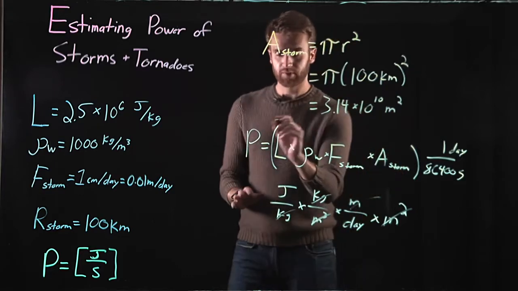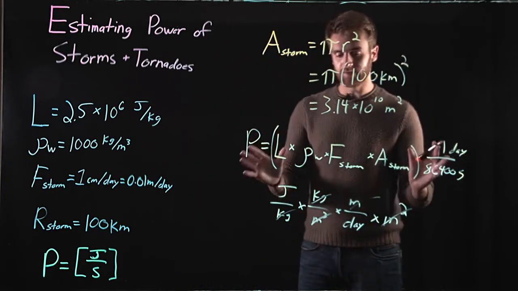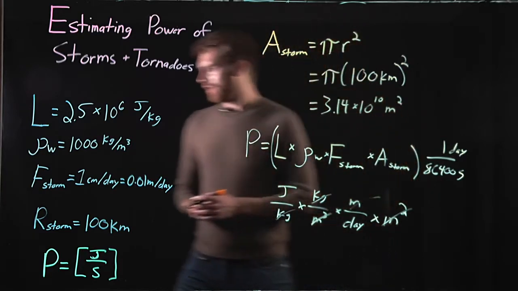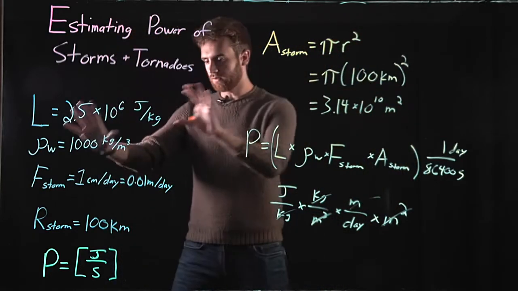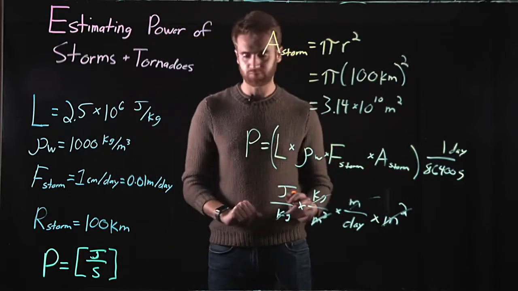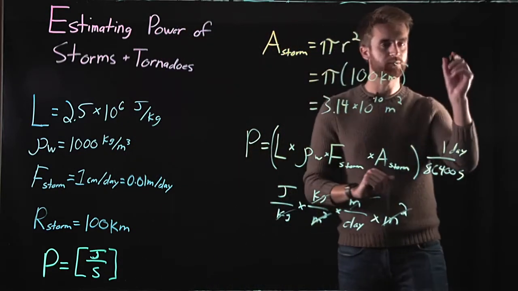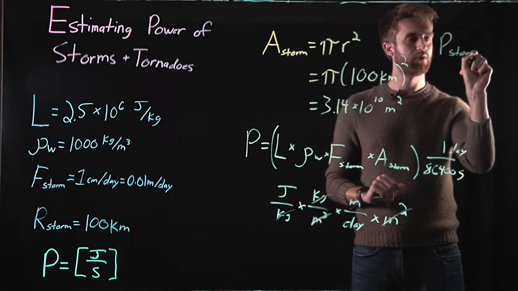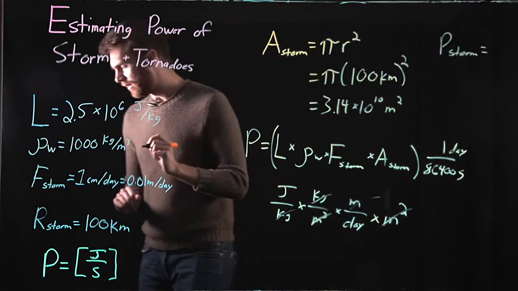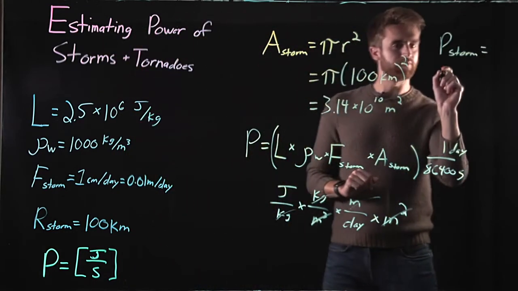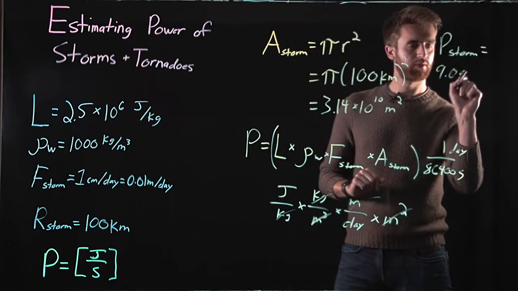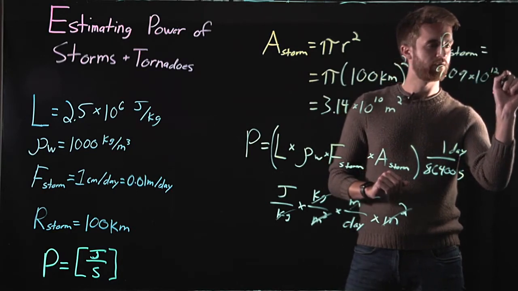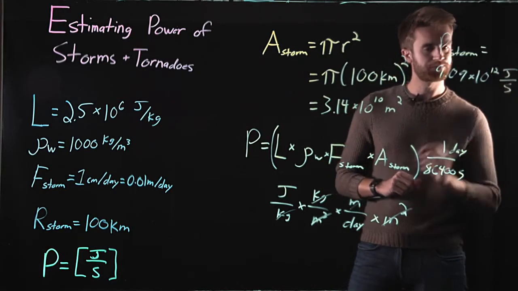Okay, so this right here is the formula that we want to get the power of the thunderstorm. And when we plug all of these variables into this formula, the power of the storm equals 9.09 times 10 to the 12 joules per second.